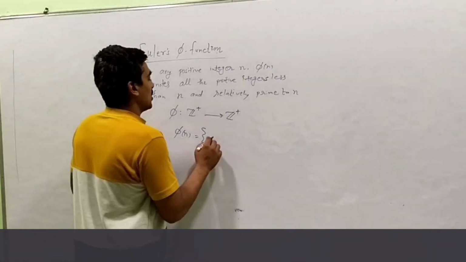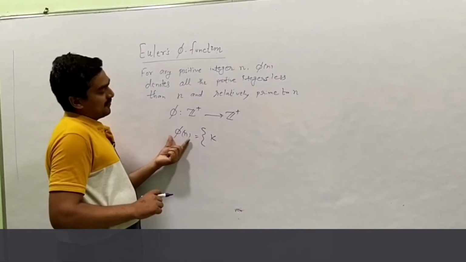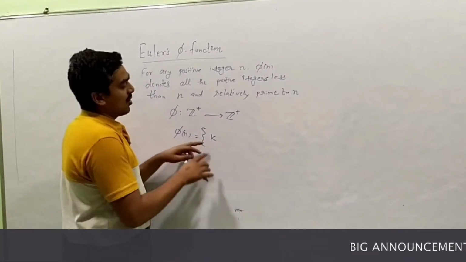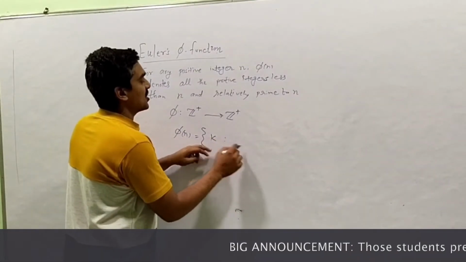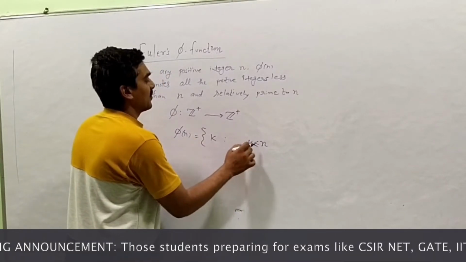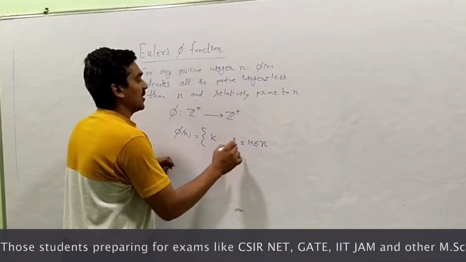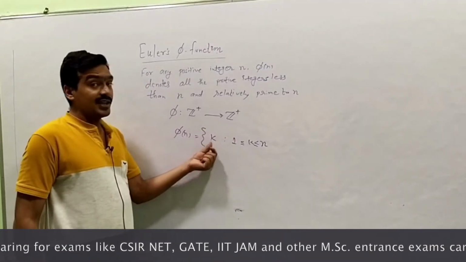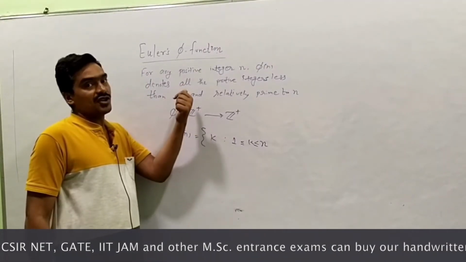So this phi n set contains all those integers k which are less than or equal to n and greater than or equal to 1, because k is a positive integer according to the definition.